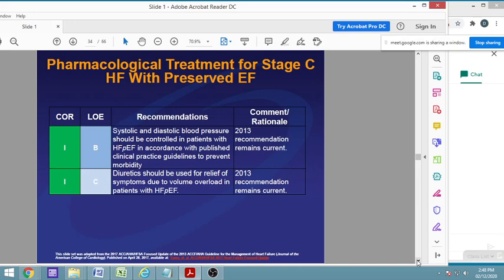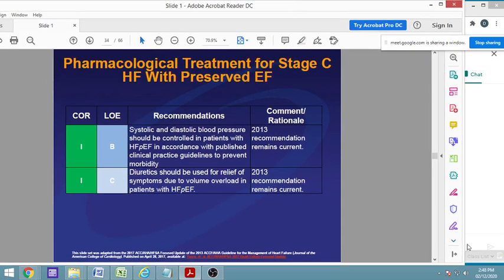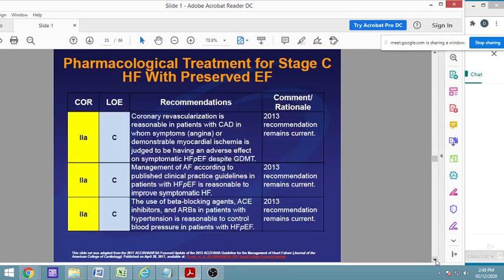Then again the class of recommendation is one, that is it is the best, where benefits are much more than the problems. And here the systolic blood pressure should be controlled in the patients in accordance with the published clinical practice guideline. Diuretics should also be used for the relief of symptoms due to volume overload, and thus it is better one. It can make better, it can add it.